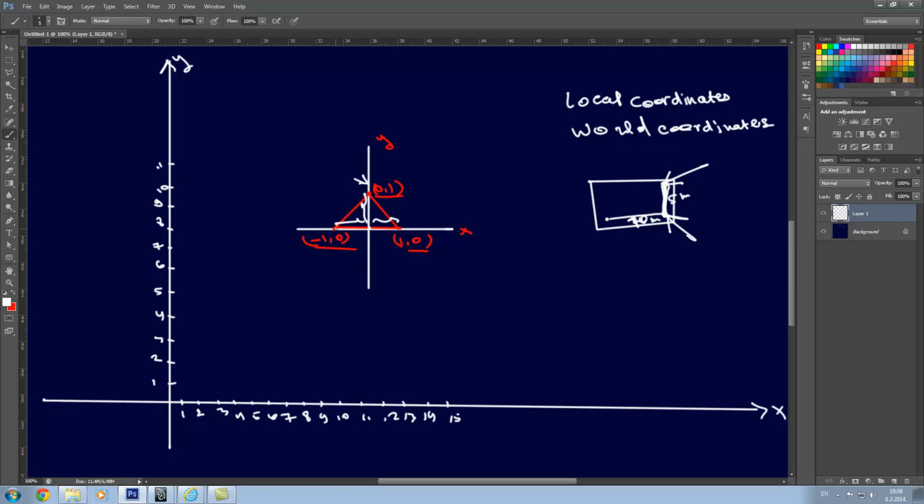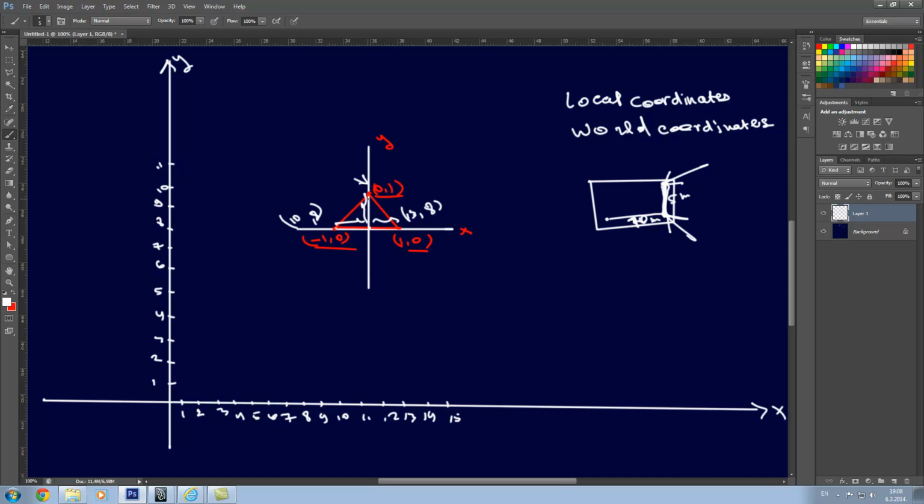Now, this coordinate, this part, according to the world, is 8 in y, and let's say approximately 10 in x. This is 13 in x, and about 8 as well in y.